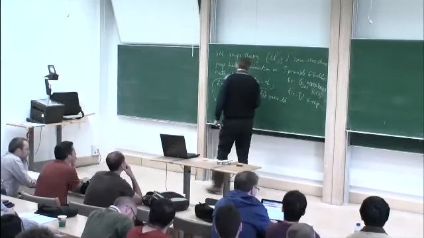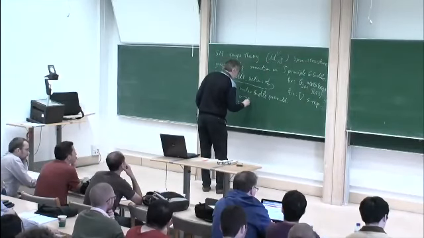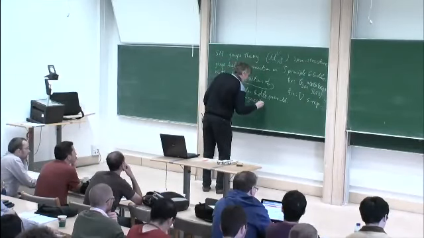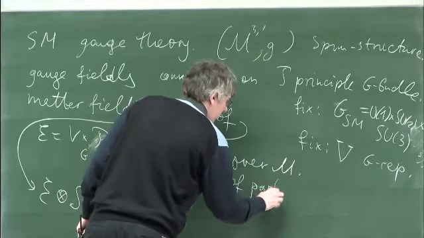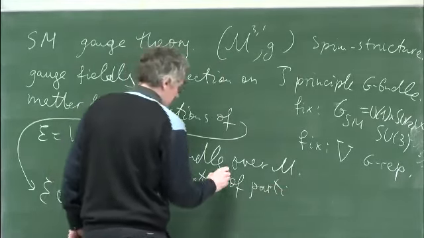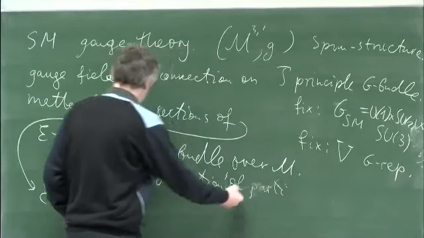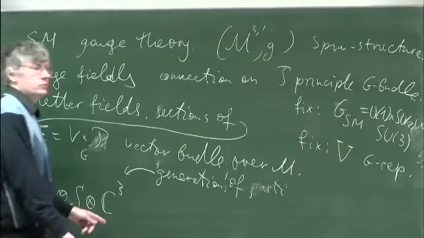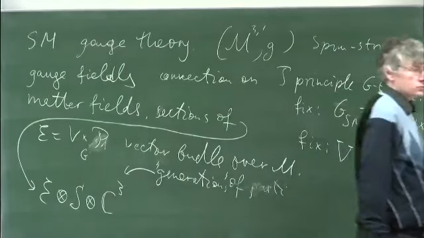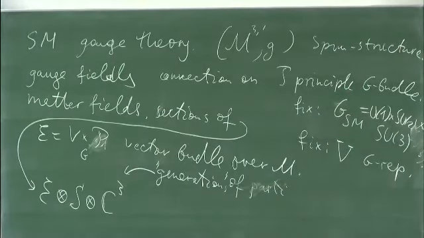This is responsible for generations of particles. There are three generations, and that's why we tensor with this three-dimensional vector space. People say that if you explain why it should be tensored with this vector space, you get a Nobel Prize.